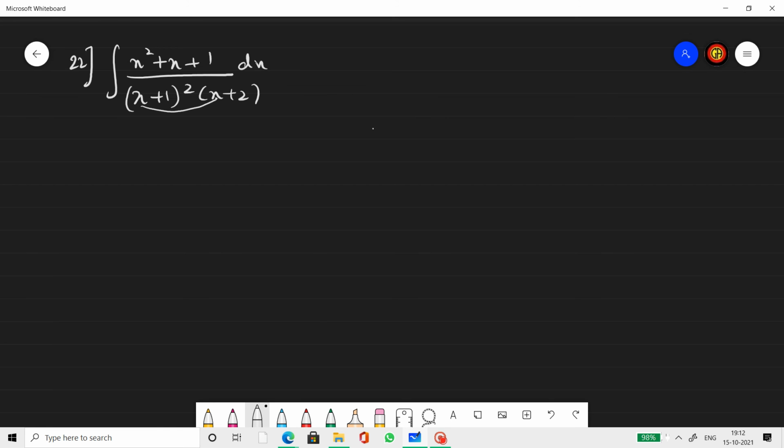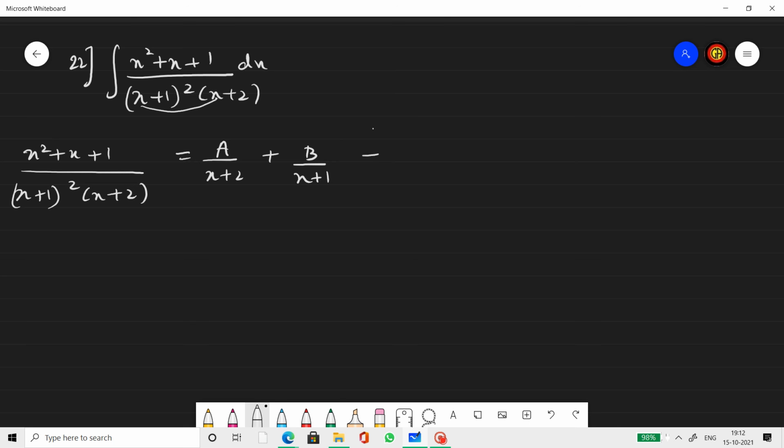So I'm leaving the integration sign, I'm leaving the dx, only writing the question separately. X square plus x plus 1 divided by x plus 1 the whole square into x plus 2. This is a by x plus 2 plus b by x plus 1 plus c by x plus 1 the whole square.